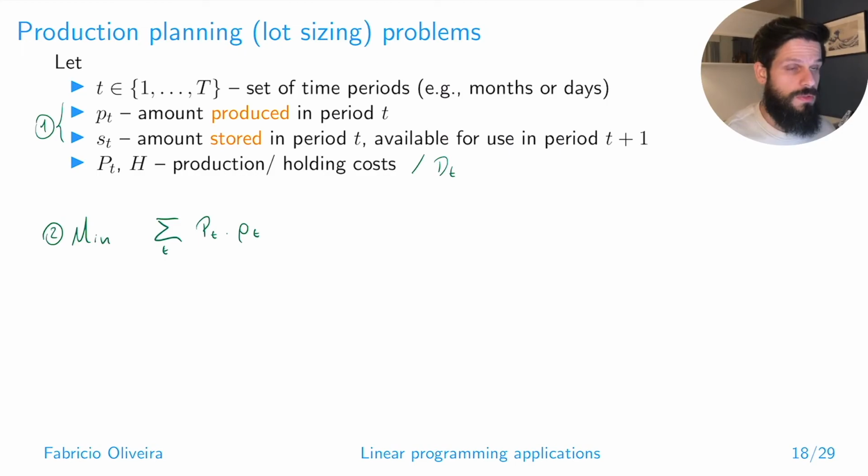So that's the amount of costs I have for production summed for all periods, plus my holding costs, which is the amount I held at each period times the holding costs. These two are within the summation, so you might want to use brackets to make sure that that is clear, but that's obviously what we're trying to mean.